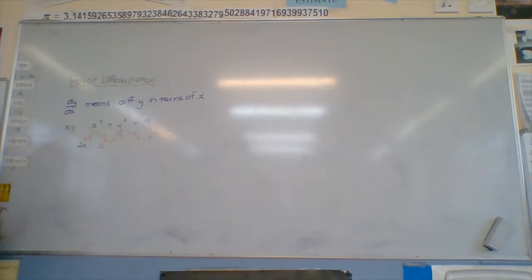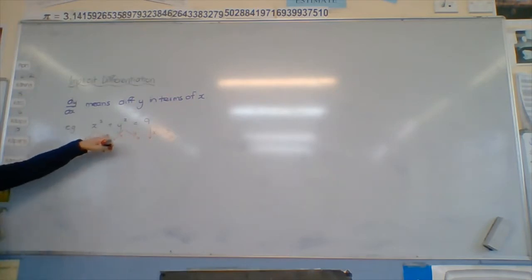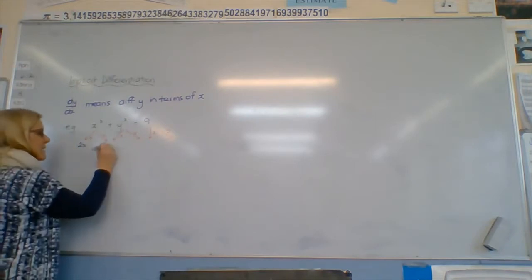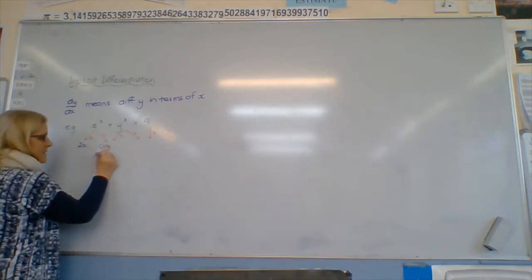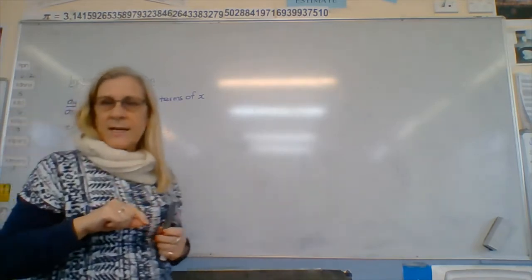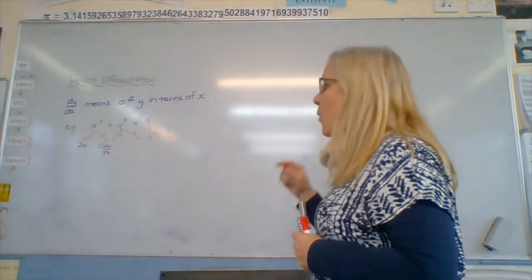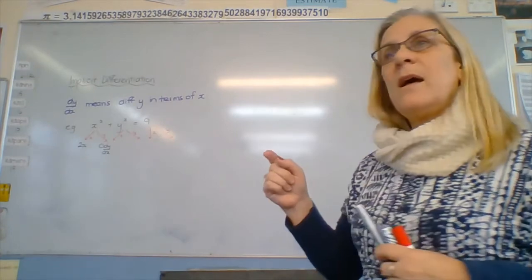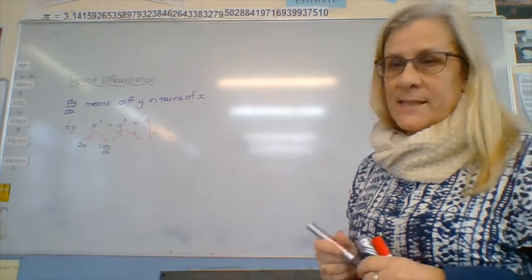But the difference here is that because we're differentiating this with respect to y, we're going to write that it's dy by dx. So we differentiated this in terms of x, even though it has y's in it.